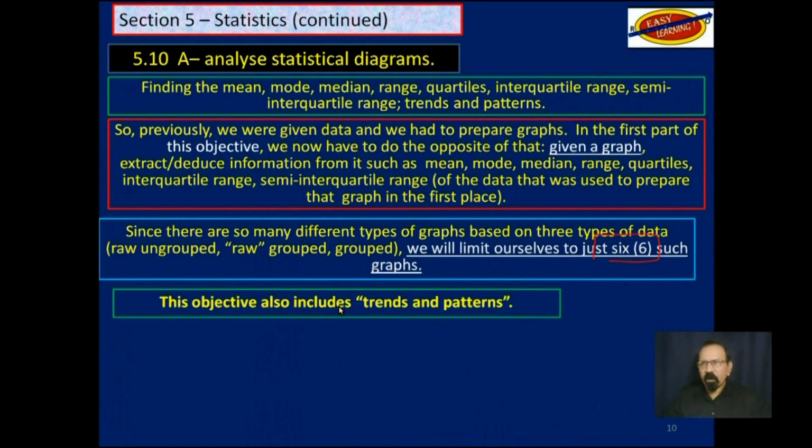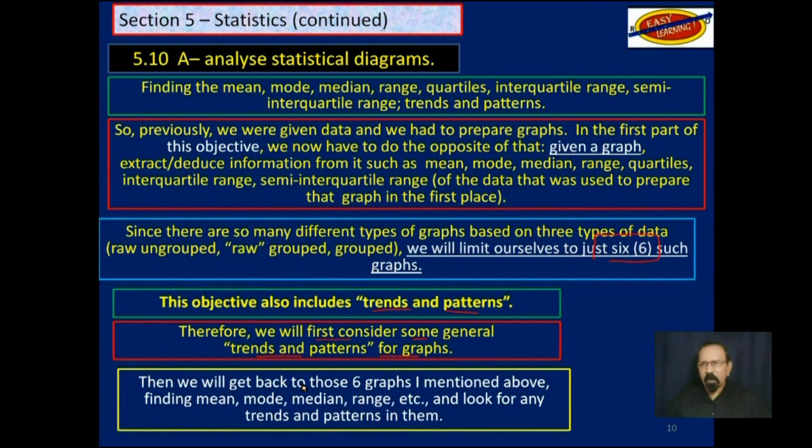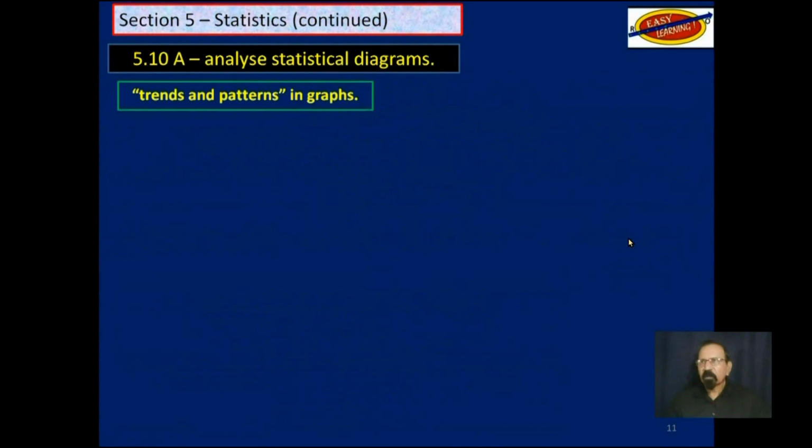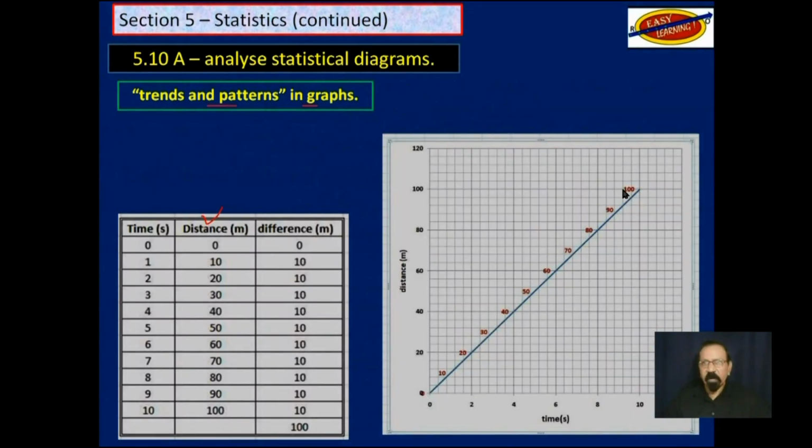This objective also includes trends and patterns. Therefore, we will first consider some general trends and patterns for graphs. Then we will get back to these 6 graphs I mentioned up here. Trends and patterns in graphs generally. So if we have this data here, I am going to produce a graph from that, which looks like this on the right here.